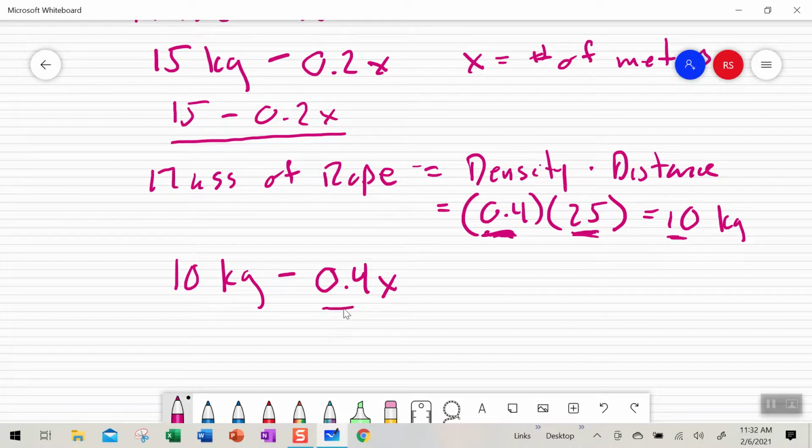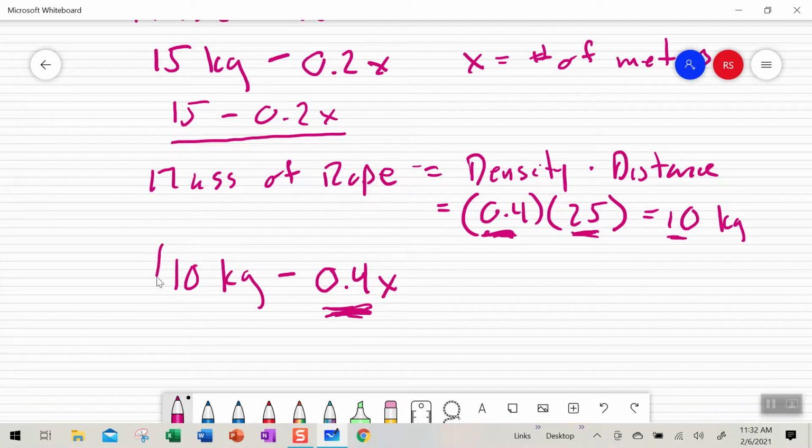When we have pulled it up 1 meter, we're 0.4 times 1, or 0.4 kilograms less than the 10 kilograms. When we pull it up 2 meters, 2 times 0.4, 0.8 kilograms would be subtracted from the 10 kilograms. So in other words, the mass is continually changing as we lift the bucket and the rope.